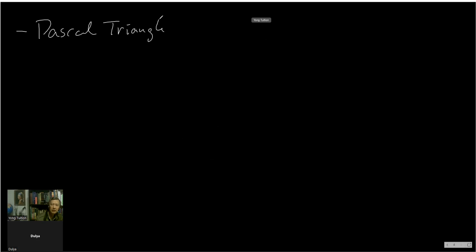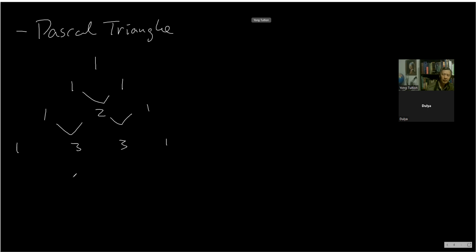Yes, that is one thing. That coefficient is actually this number. So this is 1, you got 2, you got 3. Have you seen this triangle before? Yes. Why do we need this number?